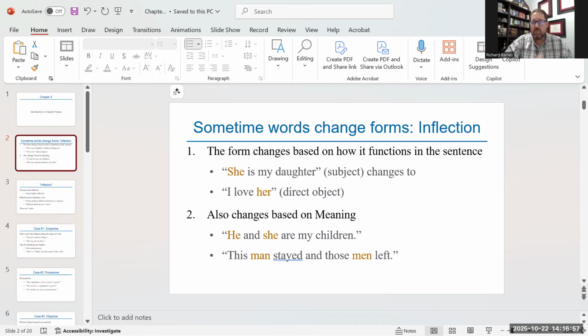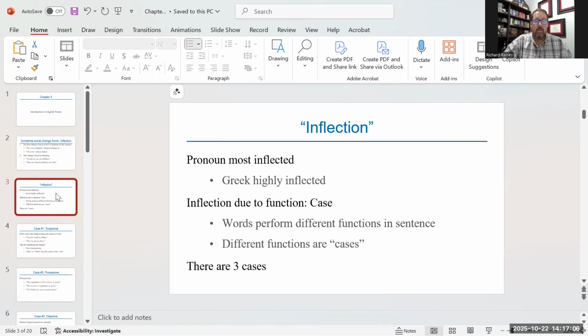So words change. I think you get that point, that we will use pronouns to reflect various changes in proper nouns and other nouns. Pronouns are the most inflected of the words that you're going to find in sentences. And inflection is primarily related to case.